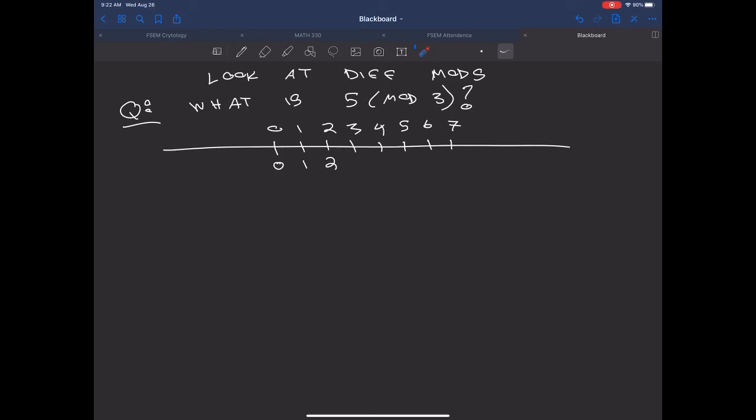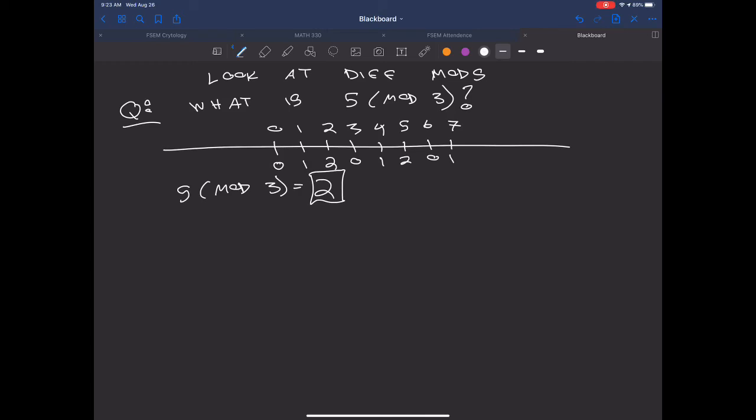So when we do mod 3, the numbers that exist should be 0 up to 2, that is 3 minus 1. And then we keep repeating 0, 1, 2, 0, 1, and so on. So to figure out what 5 mod 3 is, well, the 5 and the 2 seem to be equivalent with each other. So 5 mod 3 is equal to 2.